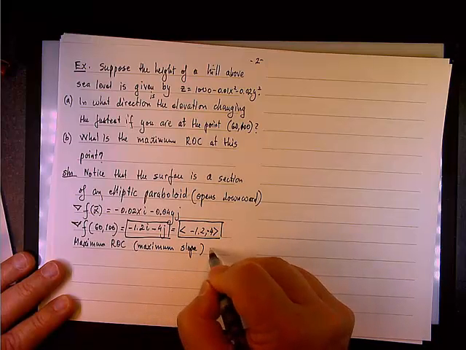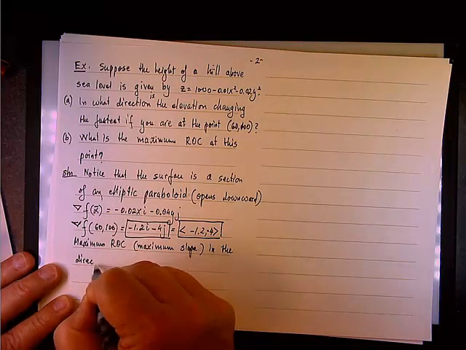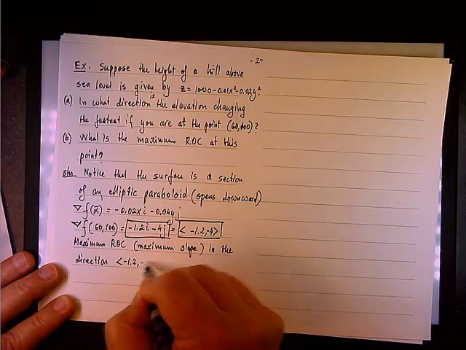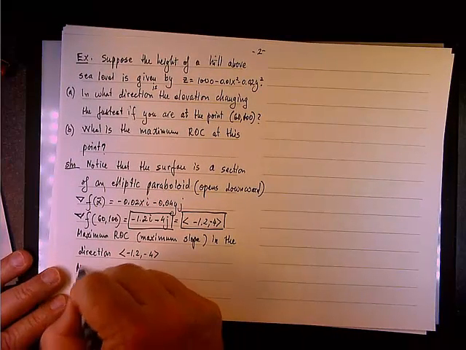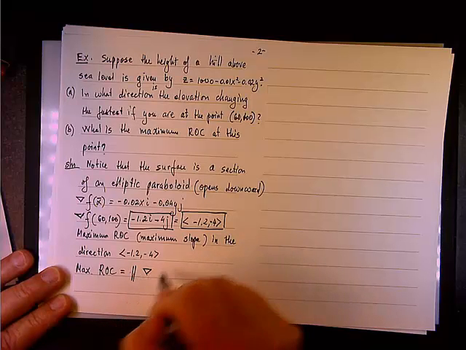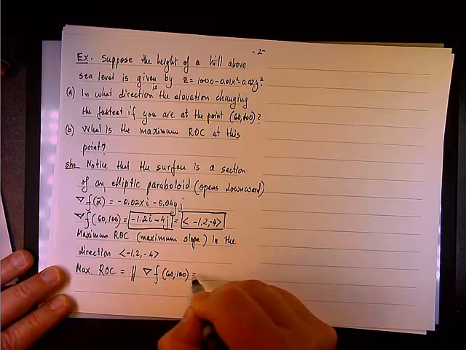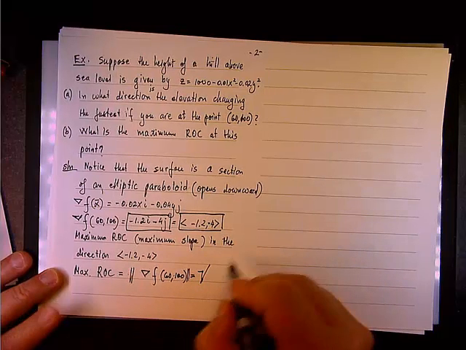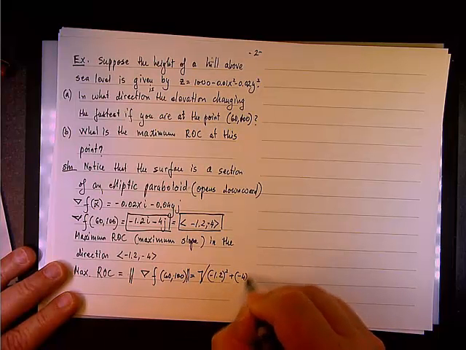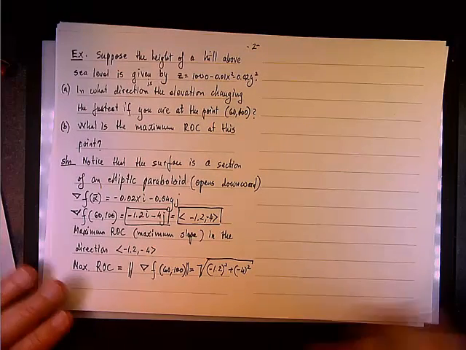So the maximum rate of change or maximum slope of the hill in the direction negative 1.2 comma negative 4, okay, and the maximum rate of change itself equals the magnitude of the gradient at 60 and 100.